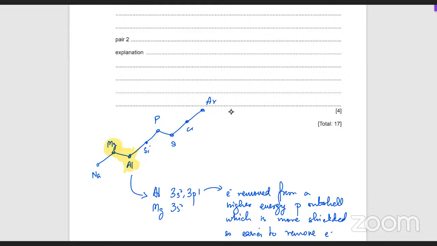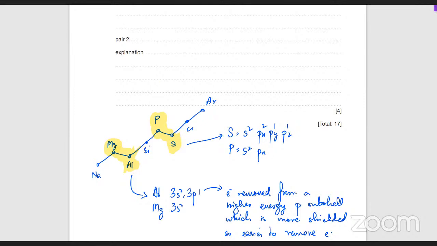What about the second pair, where you have a dip? Sulfur and phosphorus. What's wrong with sulfur then? There are more valence electrons in sulfur, which causes repulsion, and it's easier to remove the electrons. No, be exact. Sulfur is 3s2 3p4. Phosphorus is 3s2 3p3.